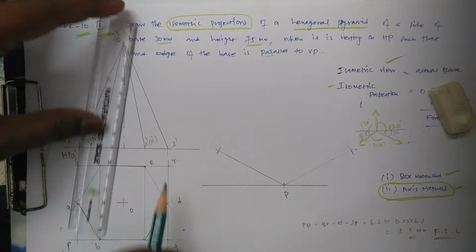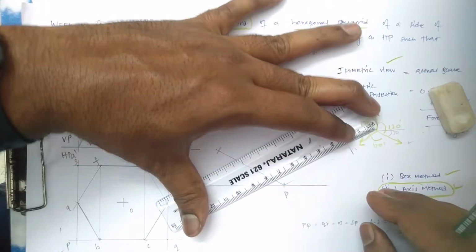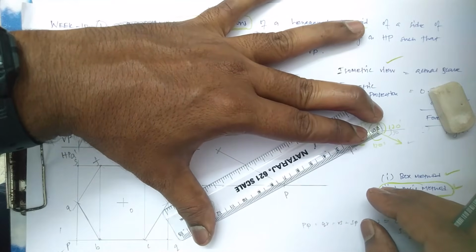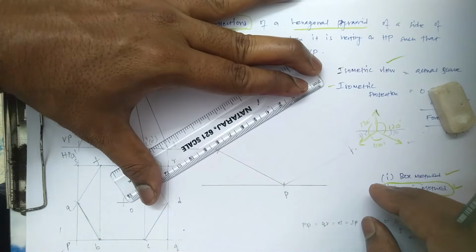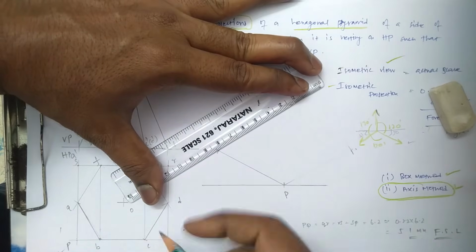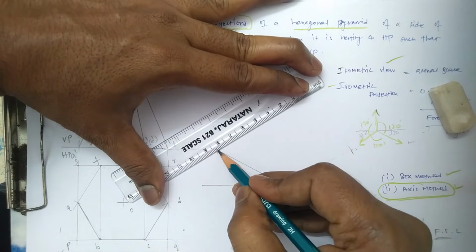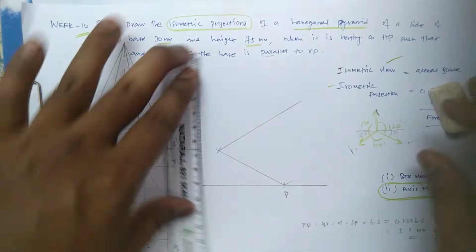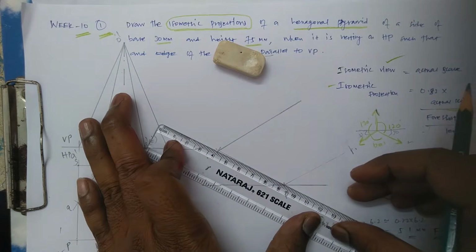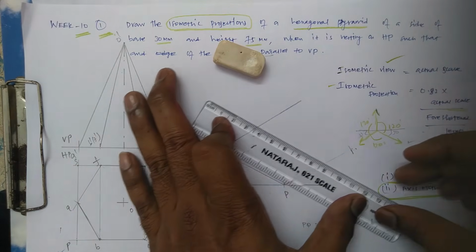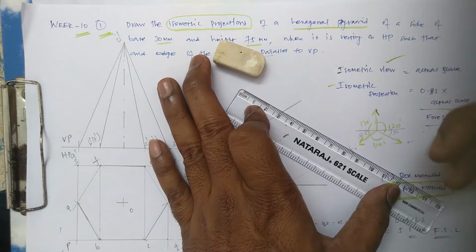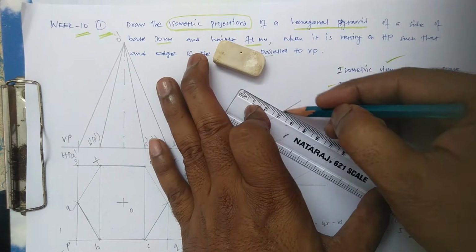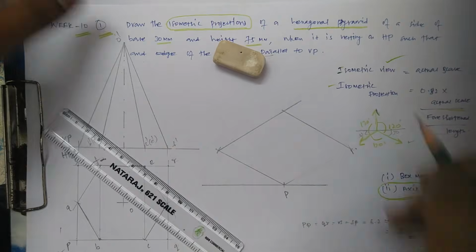Again, I need to complete the same square. Okay, so this we just made as a box. So it is completed.